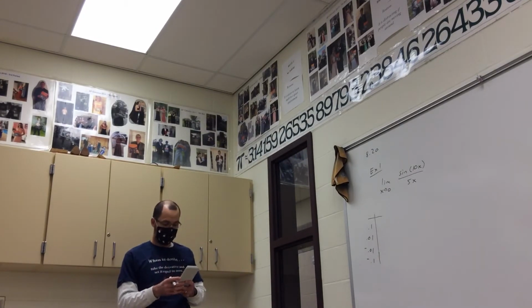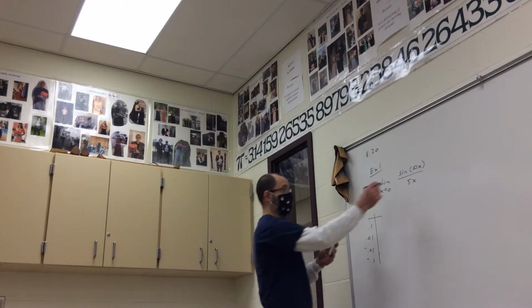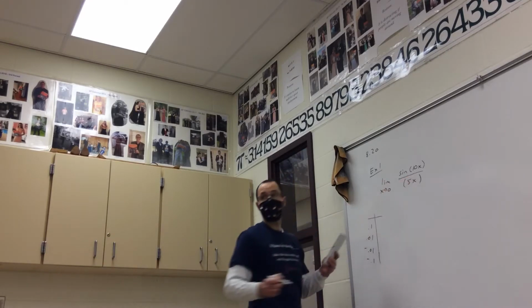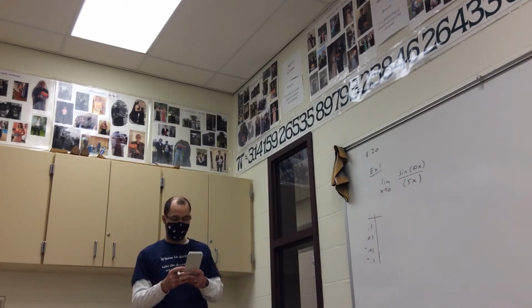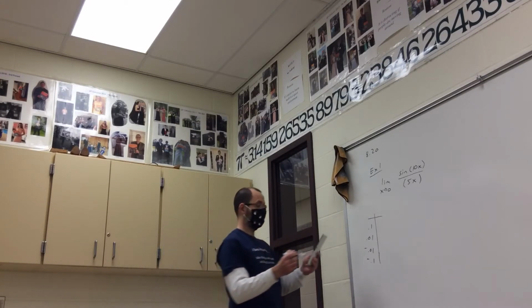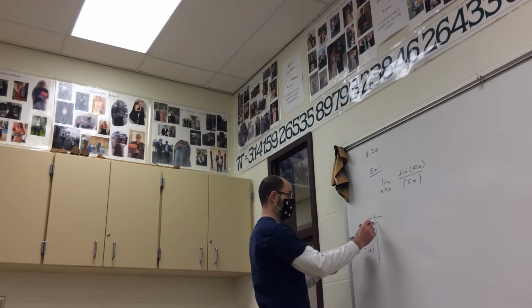We got the sine of 10 times 0.1 divided by. Also make sure you put parentheses around the denominator. 5 times 0.1. So I'm getting 1.683.